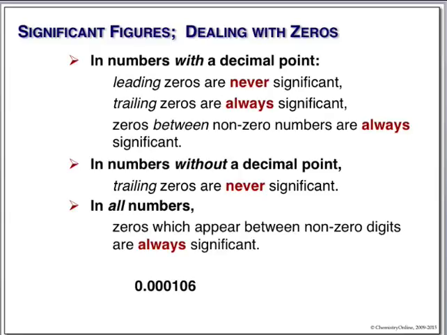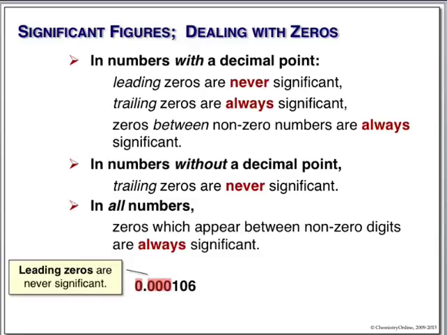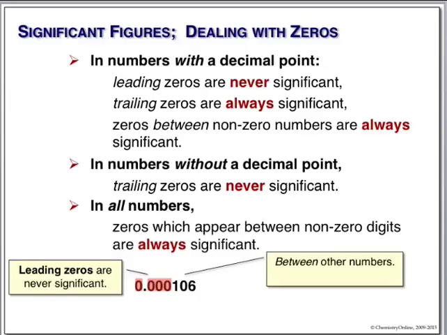We have a decimal point. All the leading zeros go away. Here's a zero, but it's between real digits, so it's real. We're left with three numbers. We have three significant figures.